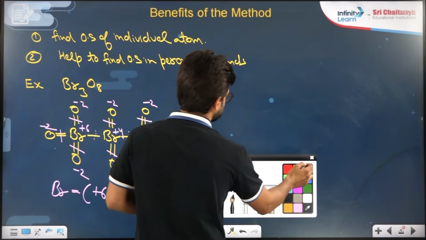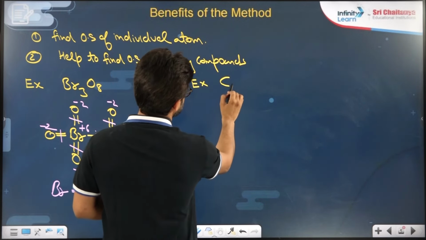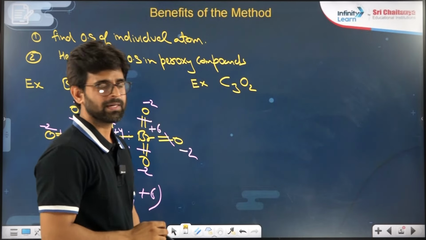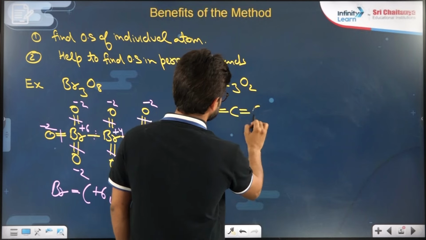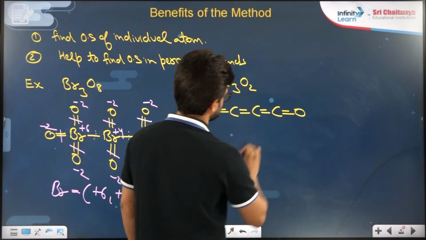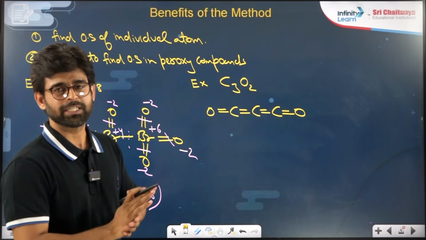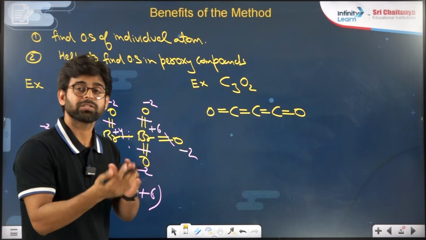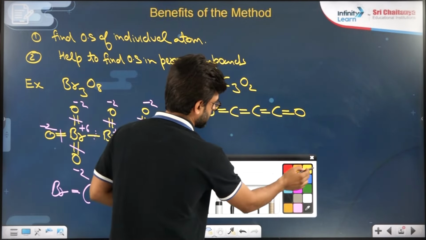Again, one more question, just from NCERT. We have C3O2, carbon suboxide. So oxygen, carbon, carbon, carbon, oxygen. Clear? In this case we are applying the structure method again.